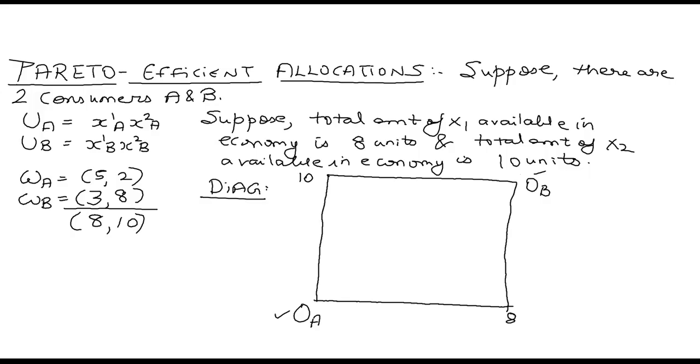So from A's origin, this is 8 and this is 10. But if you look at B's origin, from B's origin, this is 8. And from B's origin, this will be 10.